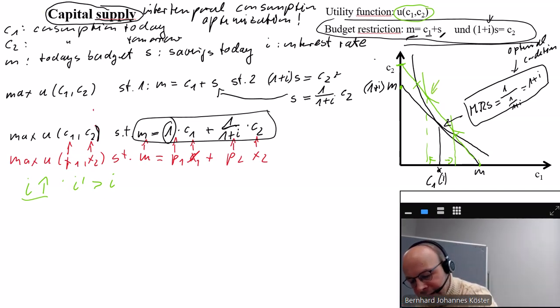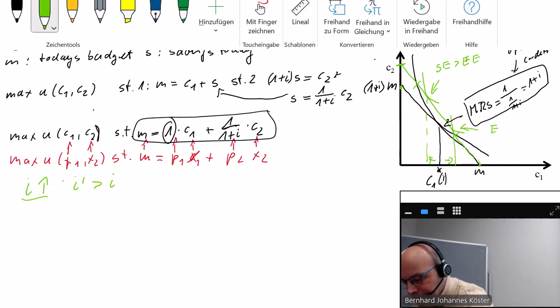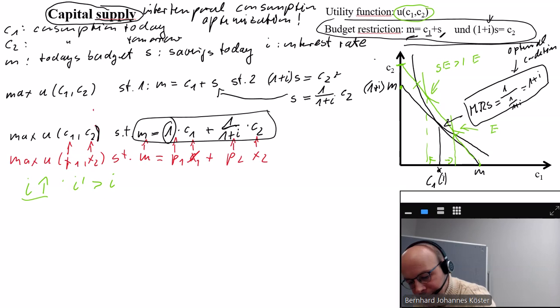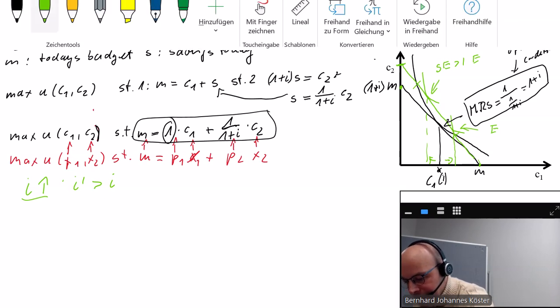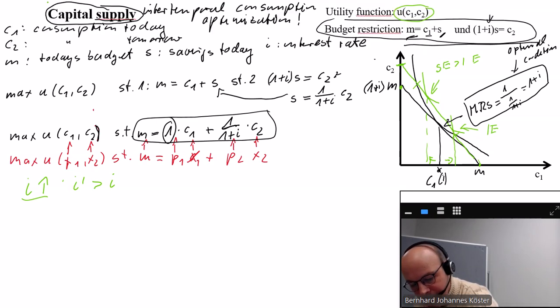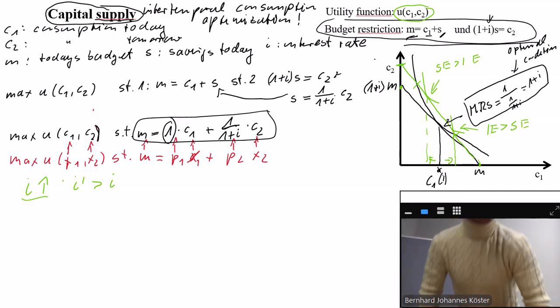So in this case, again, the substitution effect is larger than the income effect. And in this case, the income effect is larger.